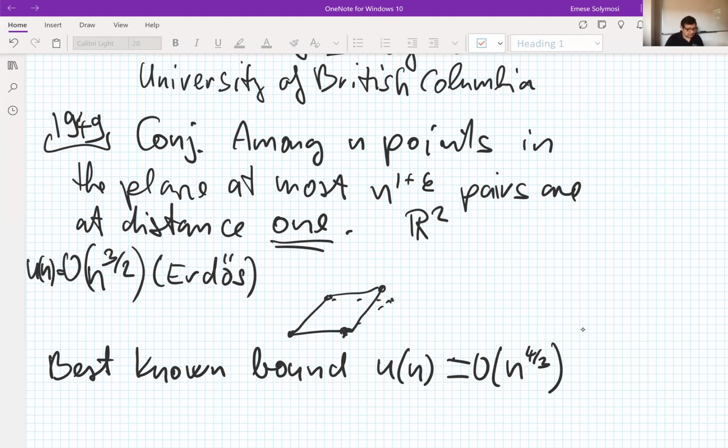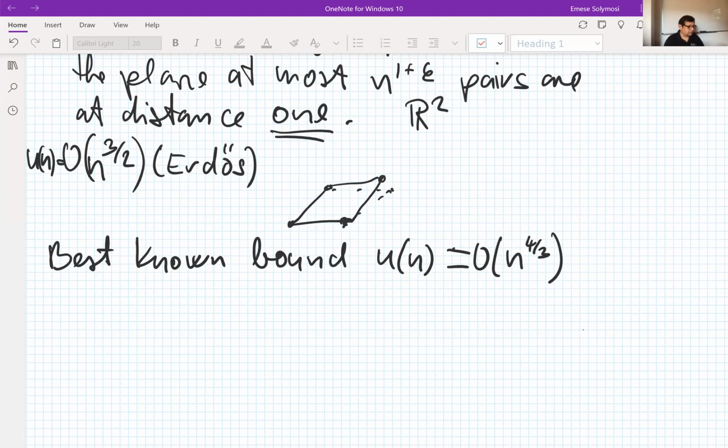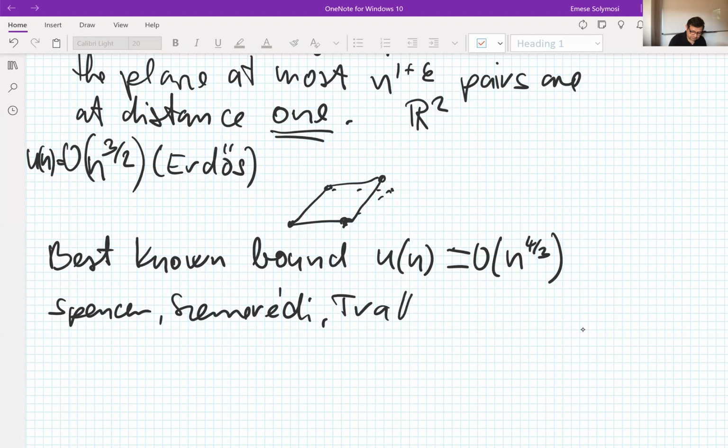And it's a relatively old result of Spencer, Szemerédi, and Trotter. So they proved it, and now the theorem has various proofs, but maybe the nicest proof comes from the crossing number, which we will see. So this is a very combinatorial proof.